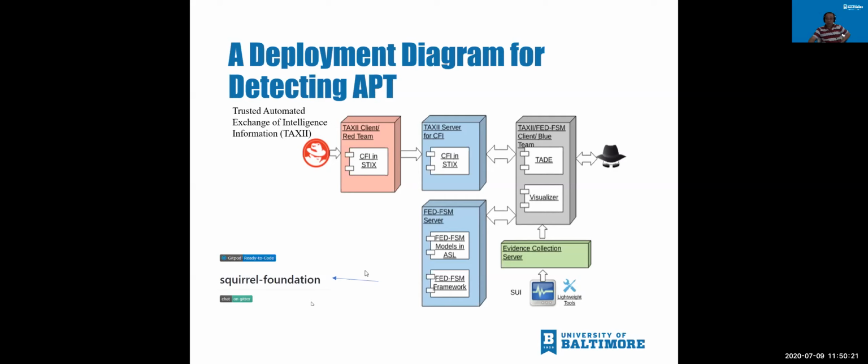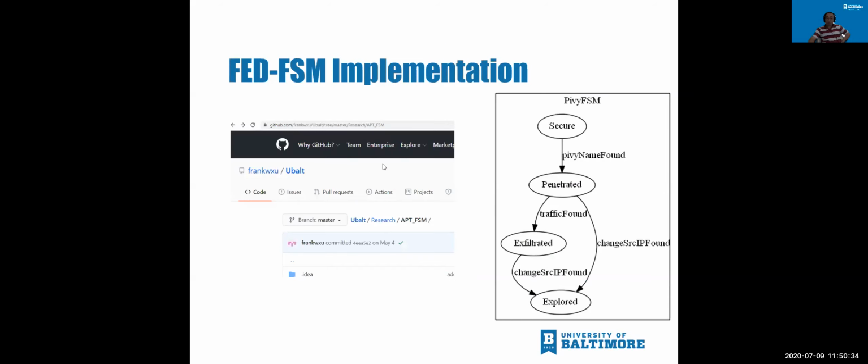For our finite state machine, we are using an open source library called Squirrel Foundation, which provides basic finite state machine functions. Those are our implementation. I put this implementation on GitHub, and this is the diagram generated based on the implementation.